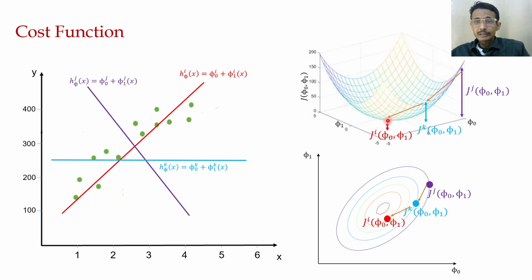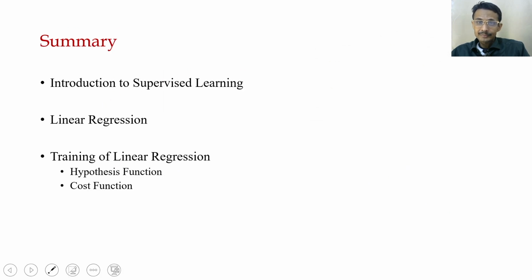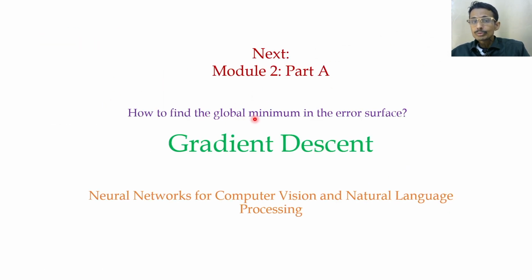If we can reach this global minimum, we get the baseline. But the question comes, how do we find the global minimum on the error surface, starting anywhere? For that, we need an algorithm. It's called gradient descent, which is the topic of our next lecture. Thank you.